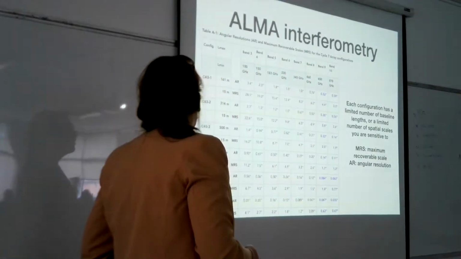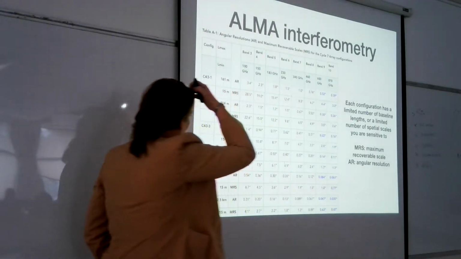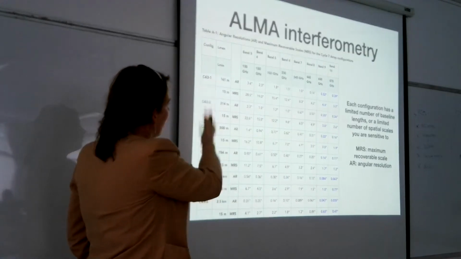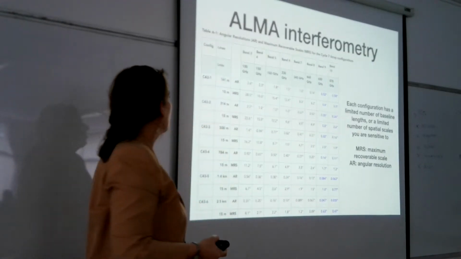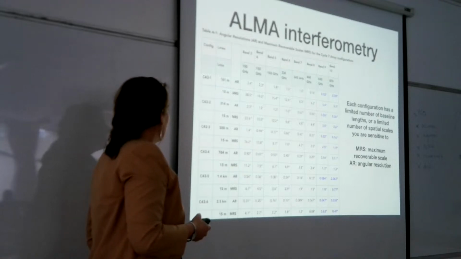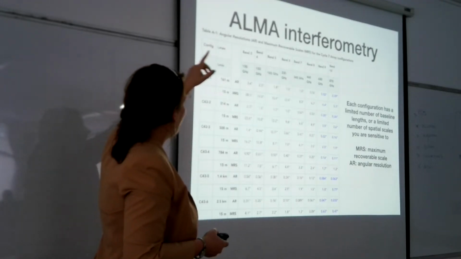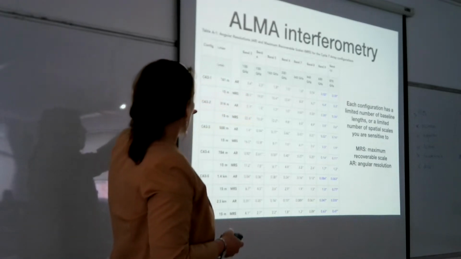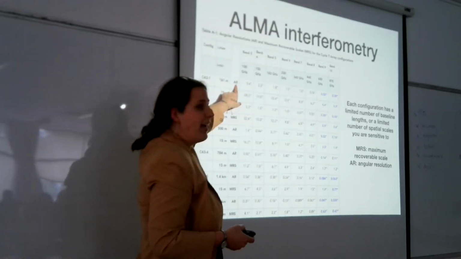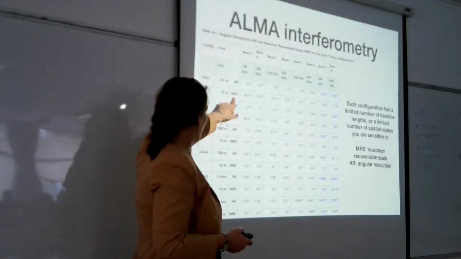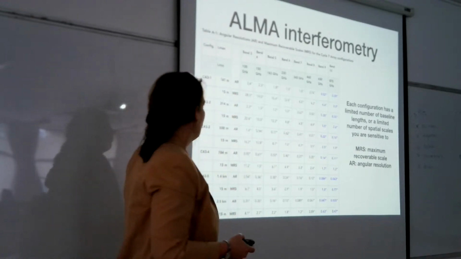And you can kind of visualize this here. This is the table that you can find in the ALMA documentation. And it is essentially listing all the configurations. And then for each band, it shows you AR, the angular resolution, and MRS, the maximum recoverable scale.